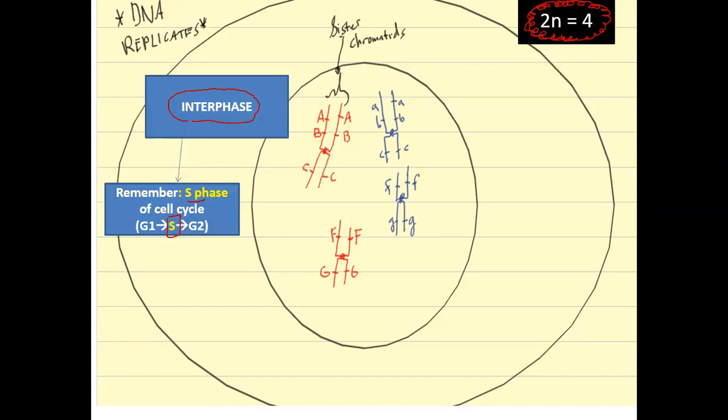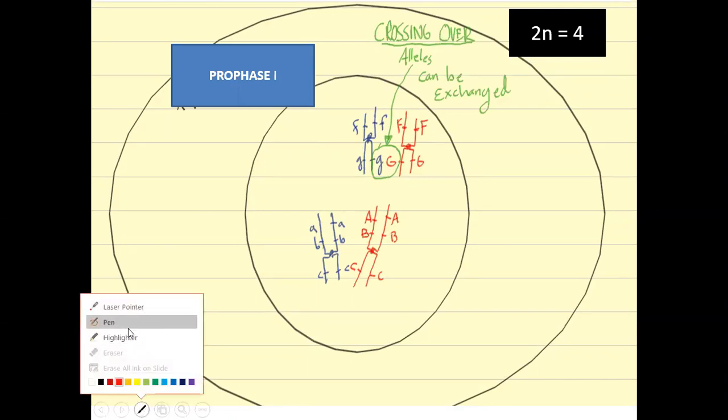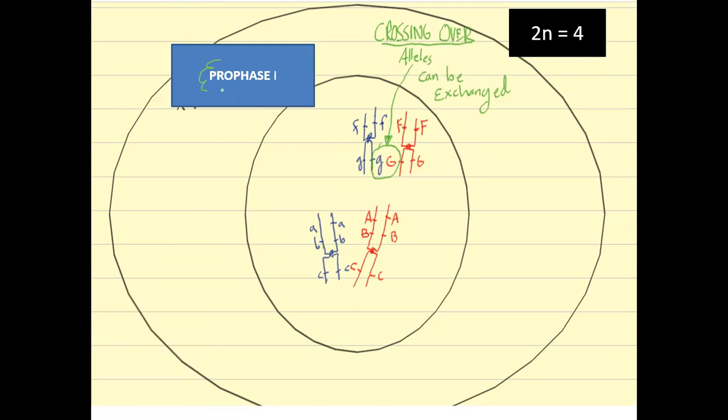I'm going to be honest, your AP test typically isn't going to test you on specifics of each individual phase, but at least follow through with the gametes and the alleles and what's going on here, and you should be in good shape. So let's talk about what happens in prophase 1. I'm only going to hit the key points you should know for your AP test. Prophase 1 is a big one that you should mention.